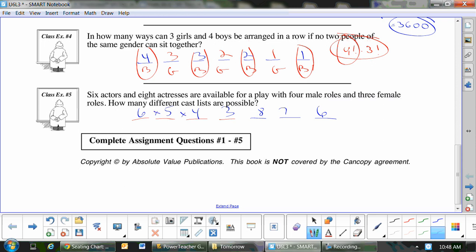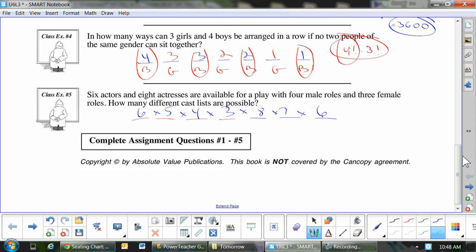Now, again, I'm thinking this probably makes sense, but what's another way I could write this? No, you can't do 8 factorial. You'd have to go 8 factorial divided by 6 factorial.